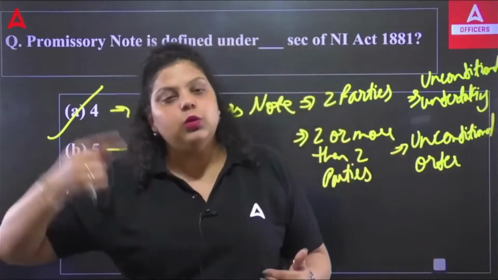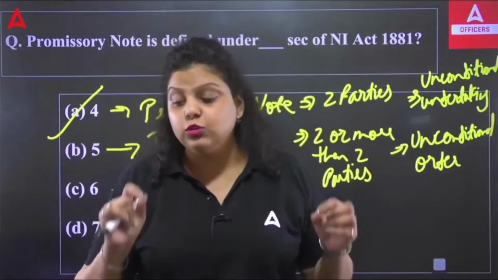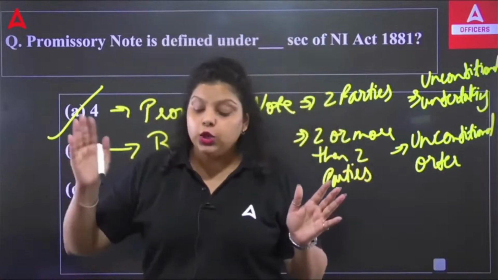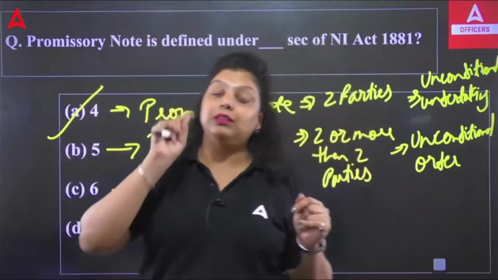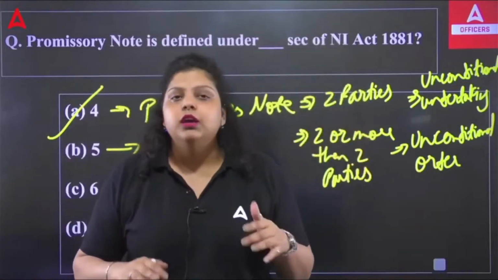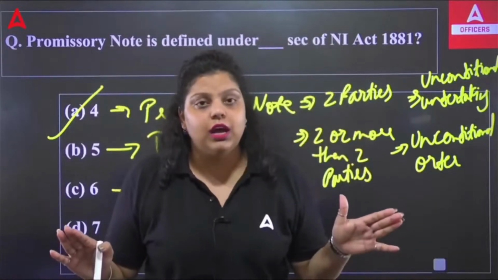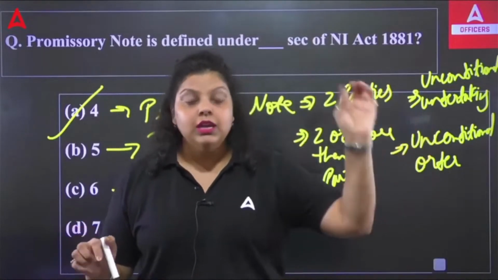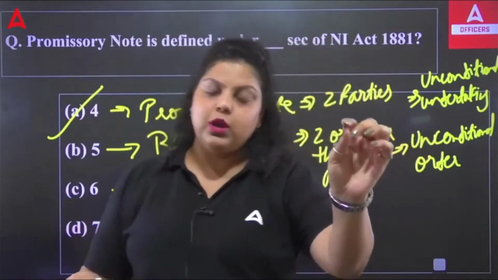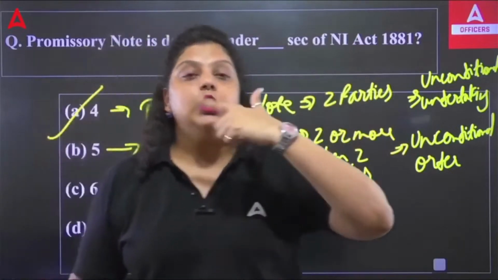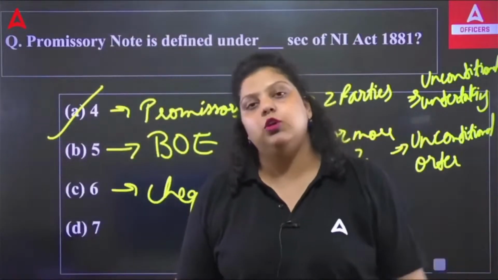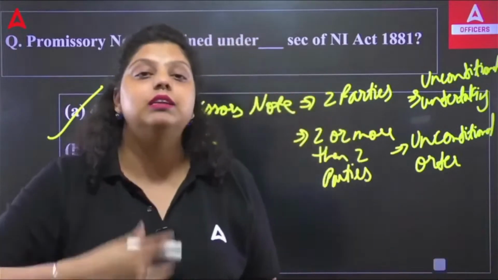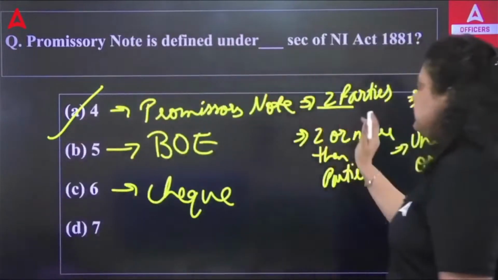Then only I will be paying you money on the 30th of August. No such kind of condition you can add. You can't say that I will be paying you money on 30th of August if on that particular date it was raining. No such conditions are allowed in the promissory note. If you have promised to pay on the 30th of August, you are taking the undertaking that I am responsible, no matter what, I will be paying your money on the 30th of August. This is what unconditional undertaking means. Two parties will be there.